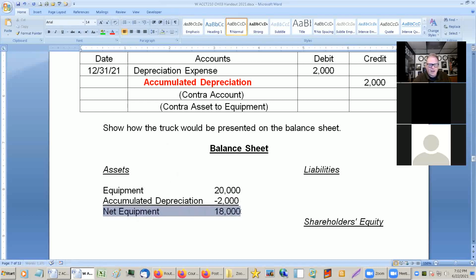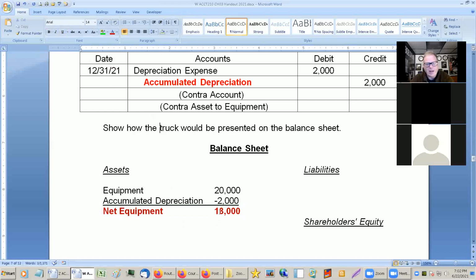And a lot of times on the financial statements, when you look at the assets, it'll just say net equipment, net property, net land or whatever it is, net buildings and whatever.